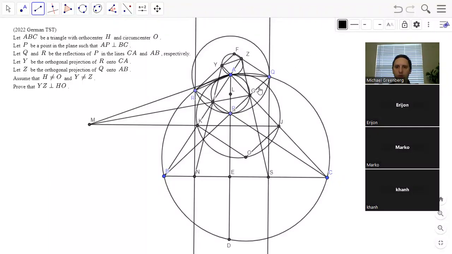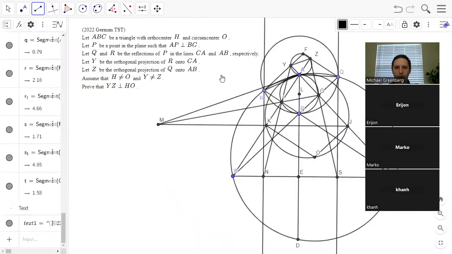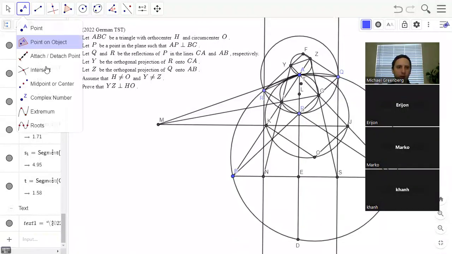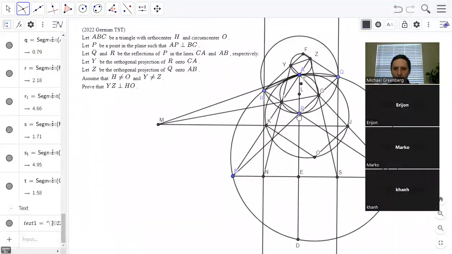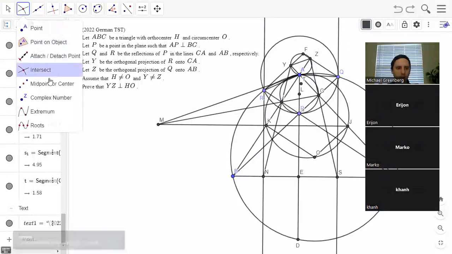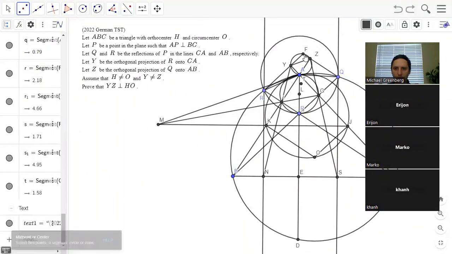Let's see. So we're saying, let me draw the orthocenter of AIG. No, oh wait, the midpoint of FP. Midpoint. Whoops, sorry, that's not the midpoint. Interesting.